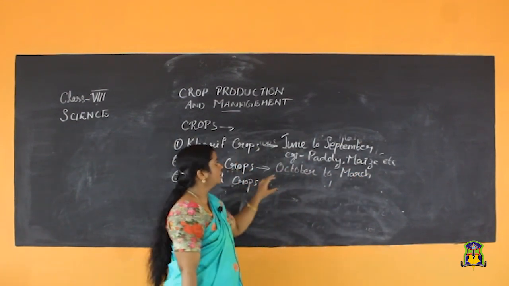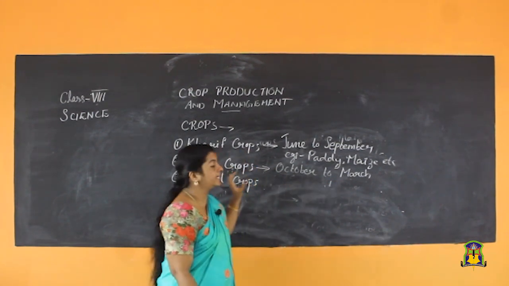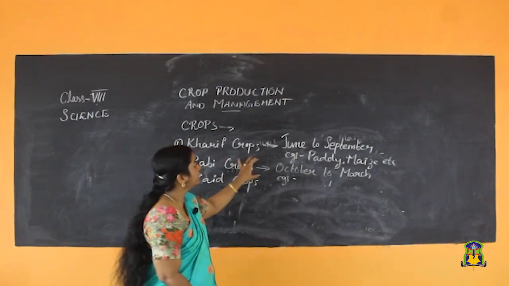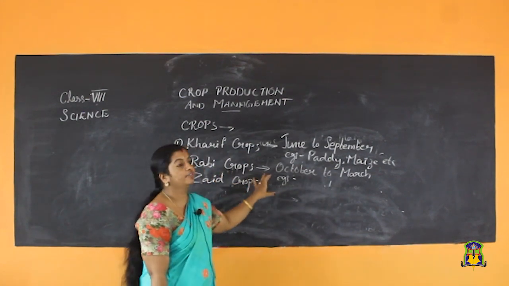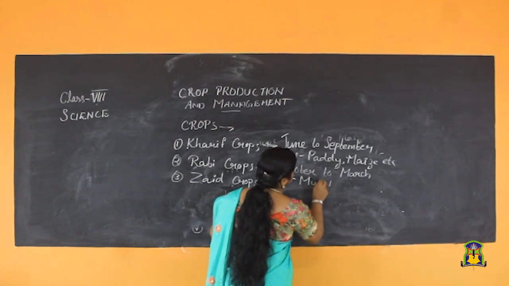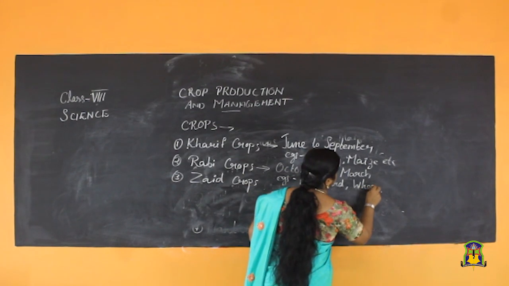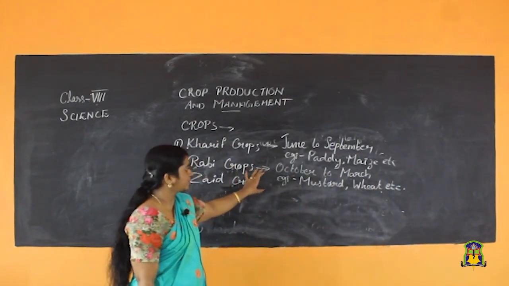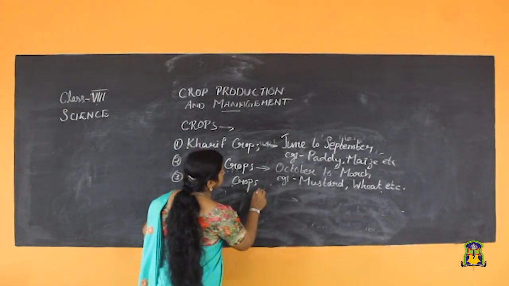October to March. What is the peculiarity of this period? It is the winter season, especially in northern India. The rabi crops are cultivated during this period of time. Examples are mustard, wheat, etc. Then comes zaid crops.